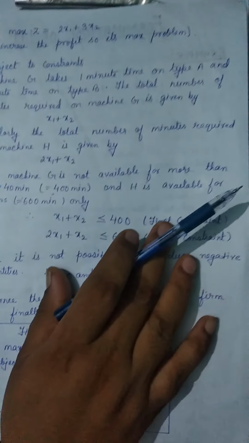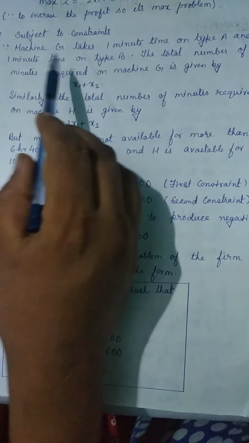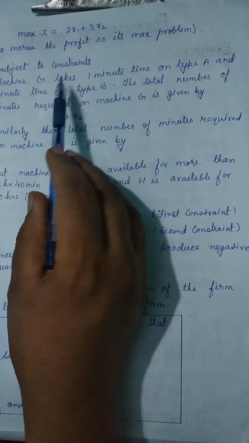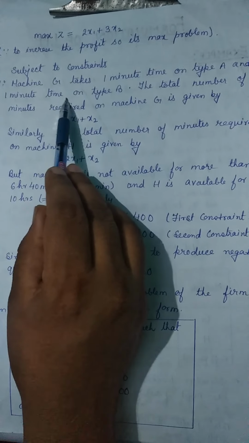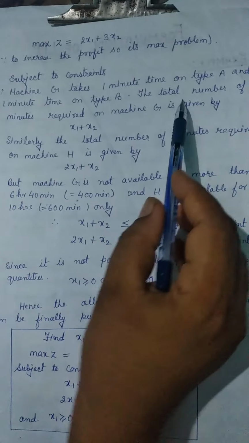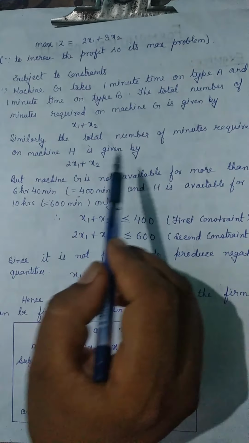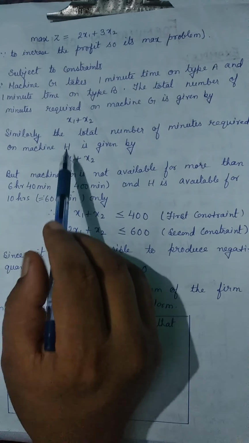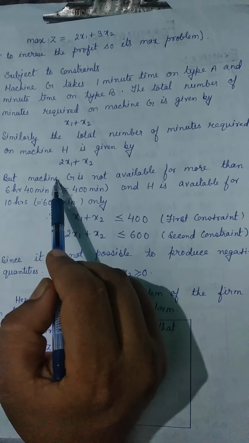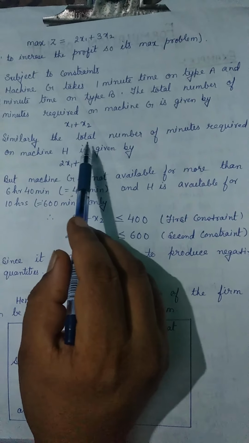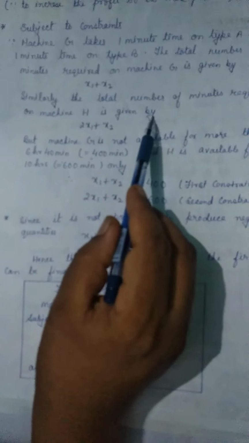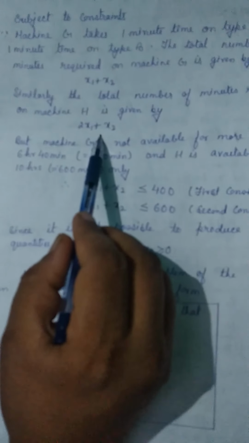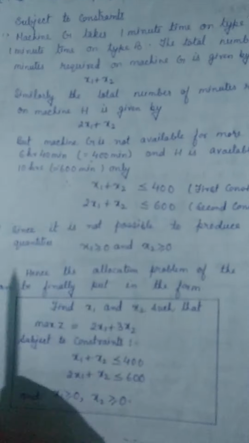Now subject to constraints. Since machine G is taking 1 minute time on type A and 1 minute time on type B. So the total number of minutes required on machine G is given by x1 plus x2. Similarly, the total number of minutes required on machine H is given by 2x1 plus x2.